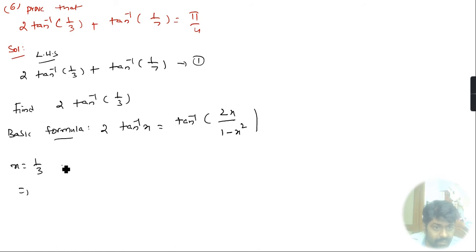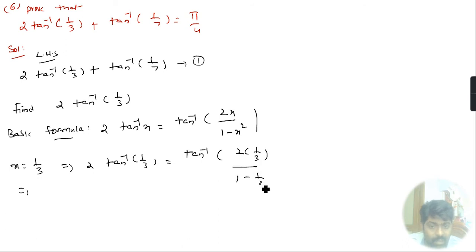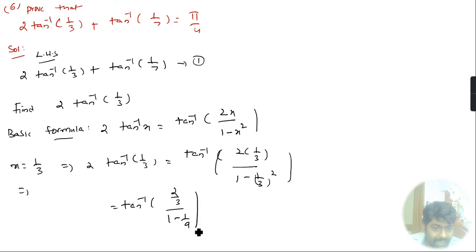So therefore 2 tan inverse of 1 by 3 equal to tan inverse of 2 into 1 by 3 by 1 minus 1 by 3 whole square. So we get that tan inverse of 2 by 3 by 1 minus 1 by 9.